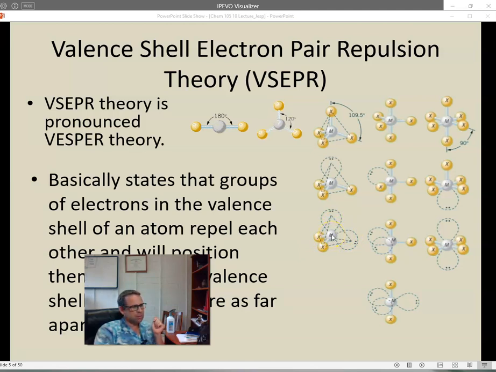How many regions of electron density are attached? No, not 3. There's 2 bonding. The X's are bonding regions, and then there's 1 non-bonding region here and 1 non-bonding region there. So a total of 4 regions. And whenever there's 4 regions, then they spread themselves out in such a way that the angle between them will be 109.5. Okay. Very good.